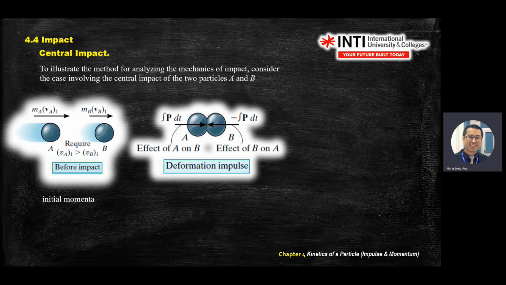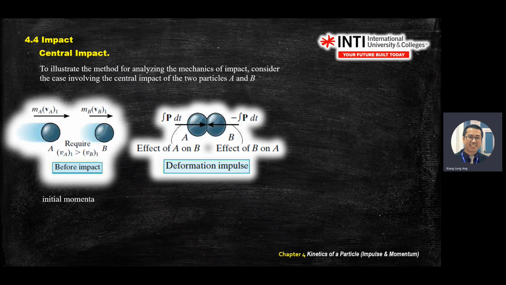When they meet each other at the collision plane, an impulse happens. What is impulse? Force times time. The integration of P dt, where P is the force, gives the impulse. Don't be confused by the arrows. The left-hand side arrow is for B, because imagine you are B and you collide with someone: the force punches into your body, so the arrow points toward B. The right-hand side arrow is for object A. Then for impulse you have positive and negative.